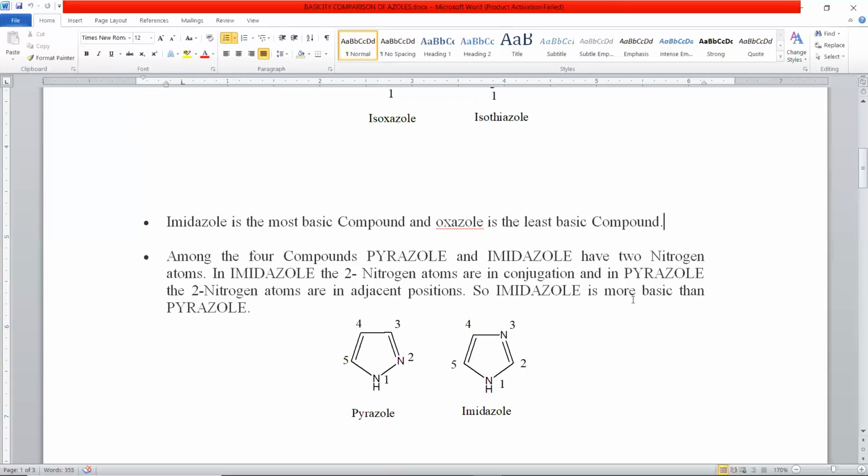So imidazole is more basic than pyrazole. This imidazole contains two nitrogen atoms in conjugation, and it is more basic than pyrazole. The type of nitrogen atoms is the same, but in imidazole the two nitrogen atoms are in conjugation, and it is more basic than pyrazole.